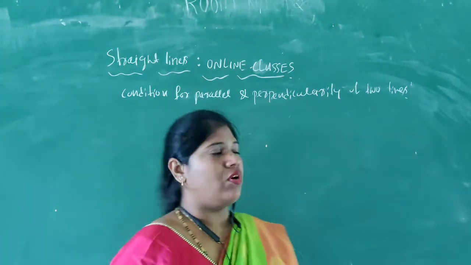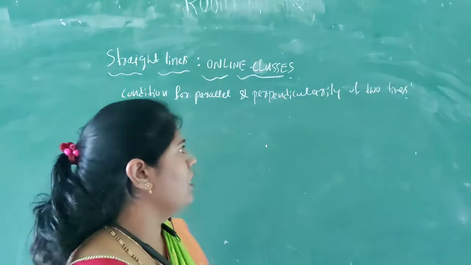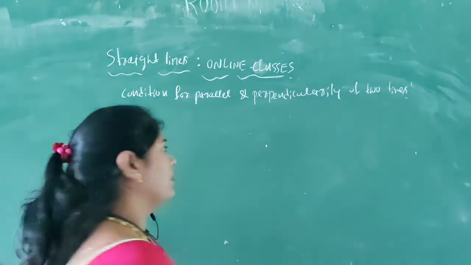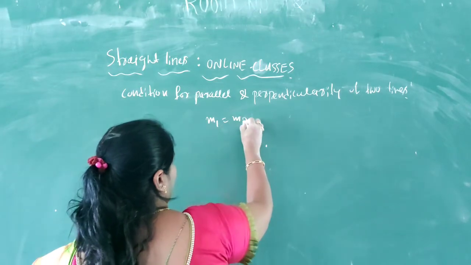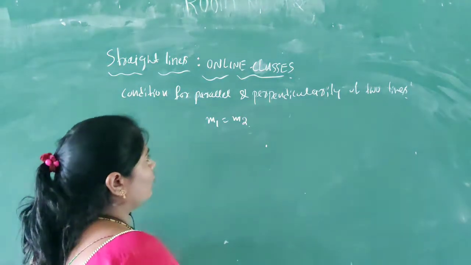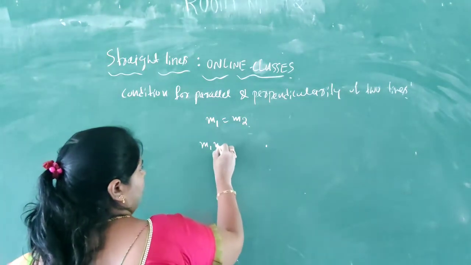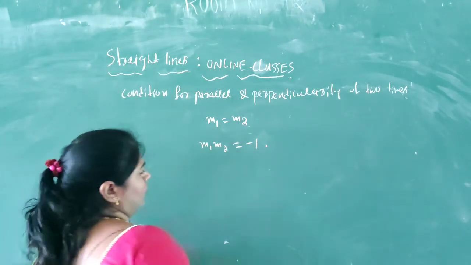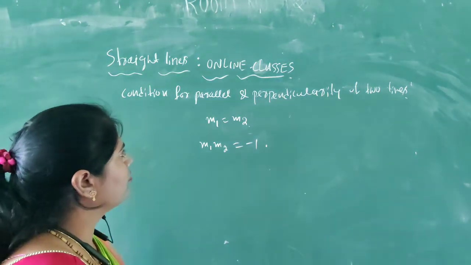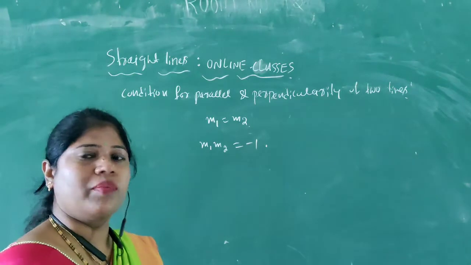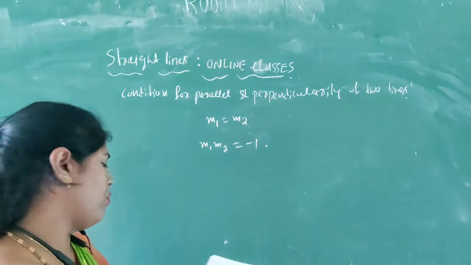So what will be the condition for parallel and perpendicularity of two lines? If the two lines are parallel, then it has to be m1 is equal to m2. Next, if the two lines are perpendicular, then m1 m2 is equal to minus 1. This formula we are going to use.